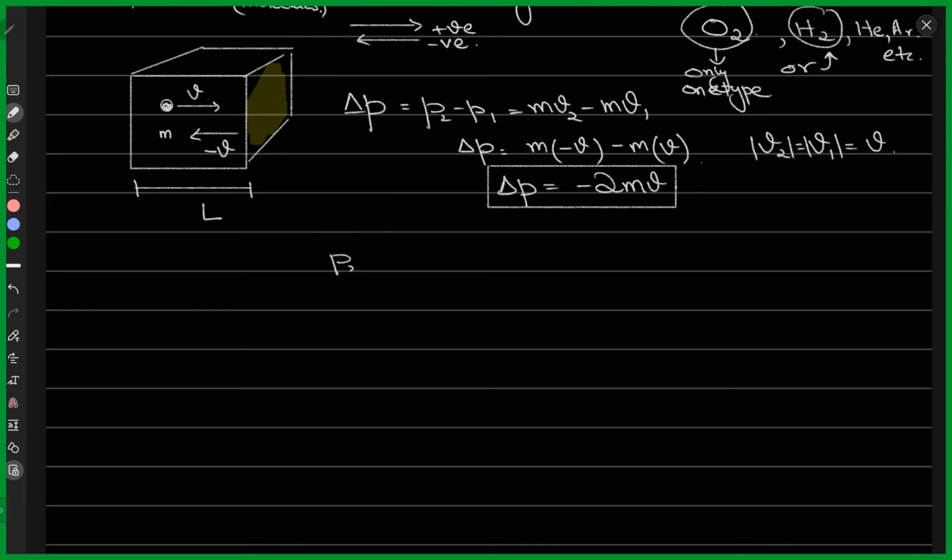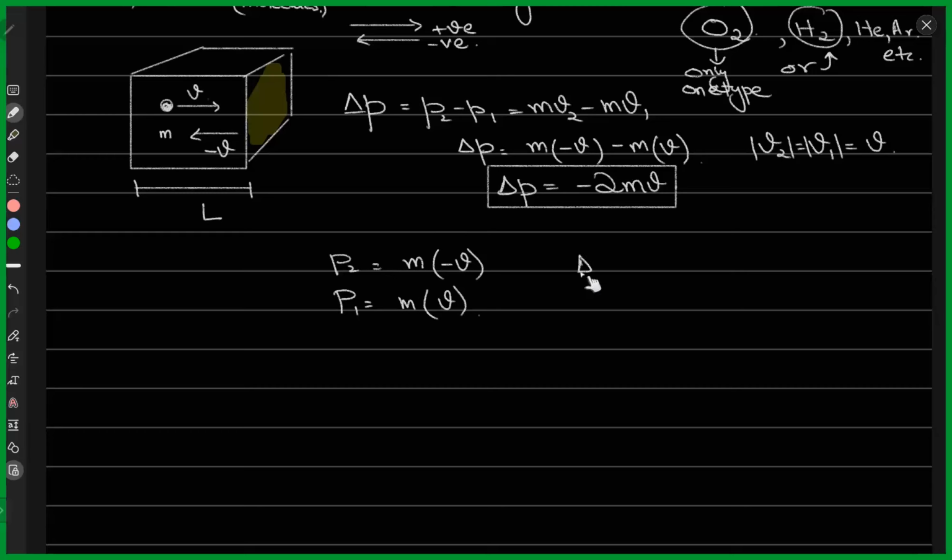P2 minus P1, I'll write P2 and P1 separately. P2 is the momentum after it rebounds. So it would be mass of the particle times the velocity, but because it's rebounding, it's moving to the left, so the velocity will have a negative sign. That's P2. And P1 is the initial momentum because of the initial velocity, where m is the mass, times velocity in the right direction, which is plus v.